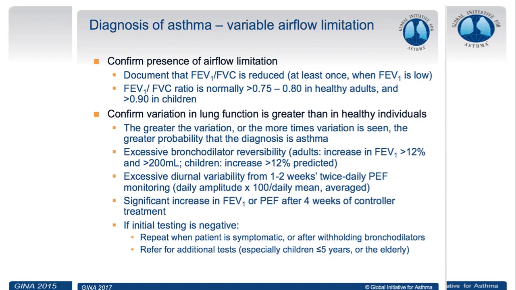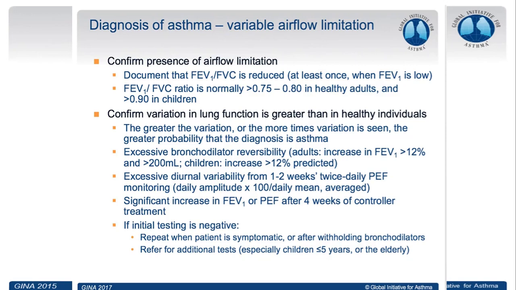How to confirm? We do spirometry. The spirometer gives us the FEV1, forced expiratory volume in the first second, over forced vital capacity, and the ratio is reduced, less than 70, and a reduction of each parameter to less than 80% of predicted.